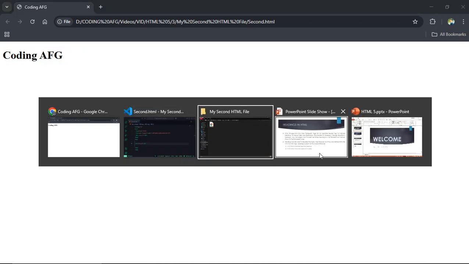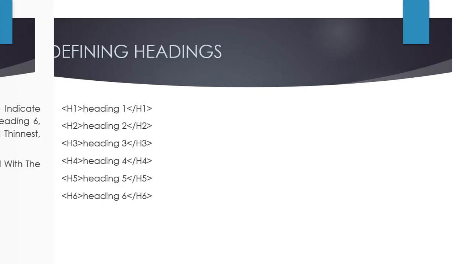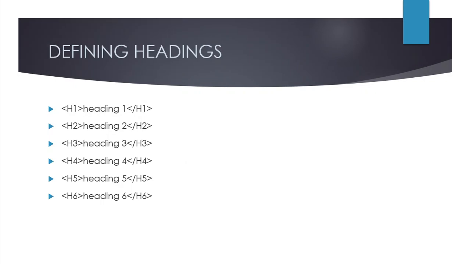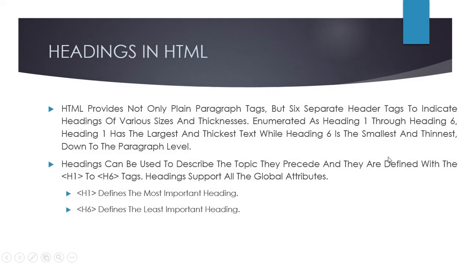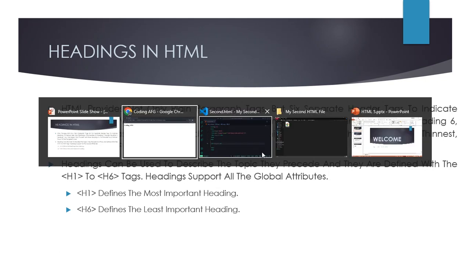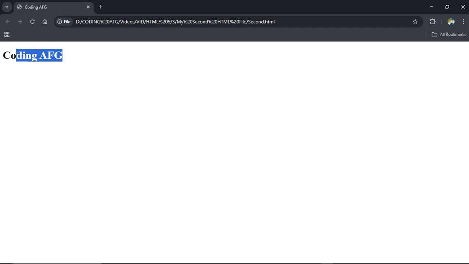Now what is the difference between heading 1, heading 2, heading 3, heading 4, heading 5 and heading 6? The main difference, as I mentioned, is their thickness and their size. This is the size and the thickness of H1.